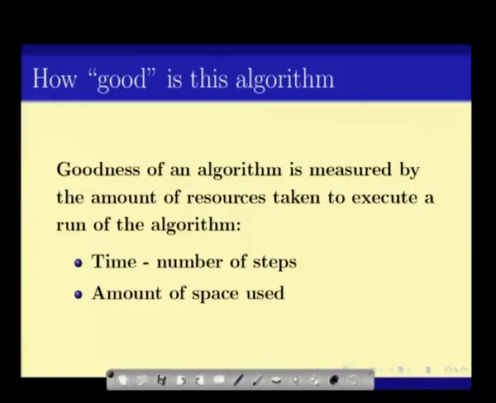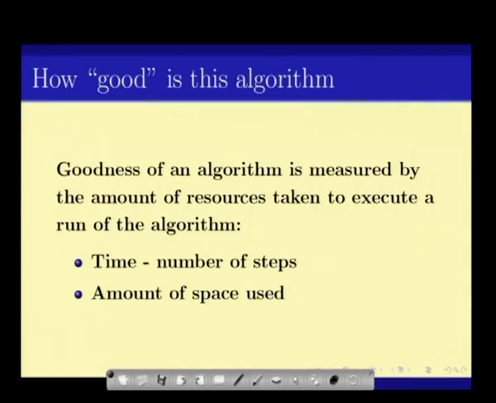A very important fact I emphasize again is that in the subject of design and analysis of algorithms, we do not measure how good an algorithm is by writing code and running it on a computer. We do not say that this algorithm is better because on this particular Windows computer using this program, the algorithm will output the answer in 5 seconds.